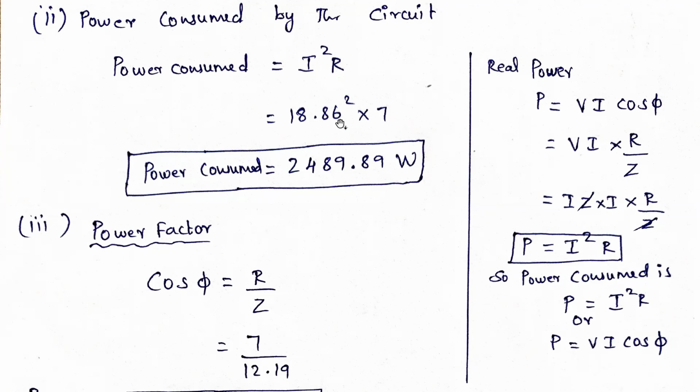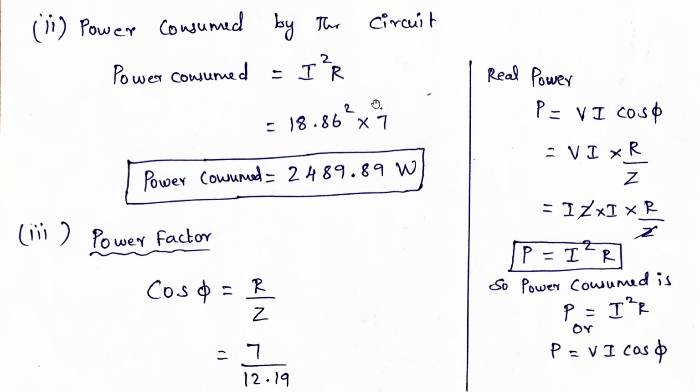As in the previous problems, we are taking power consumed as I squared R. You can also take VI cos phi, the same answer will come. So I squared R: I is 18.86 amperes squared into the resistance, which is given in the problem as 7 ohms. If you simplify this, we get the answer as 2489.89 watts. That is the power consumed by the circuit.